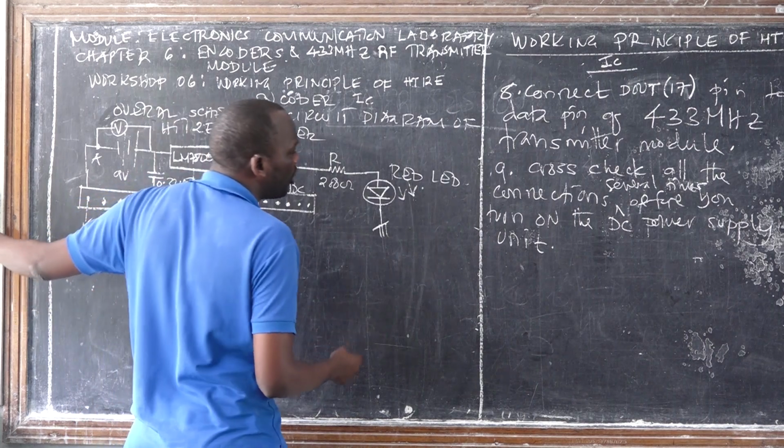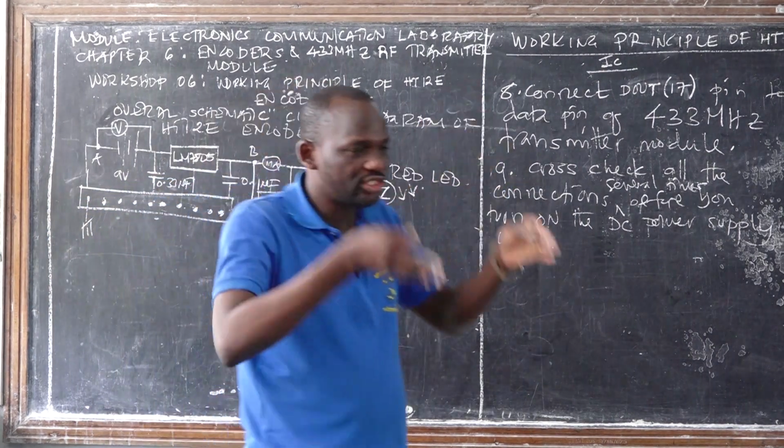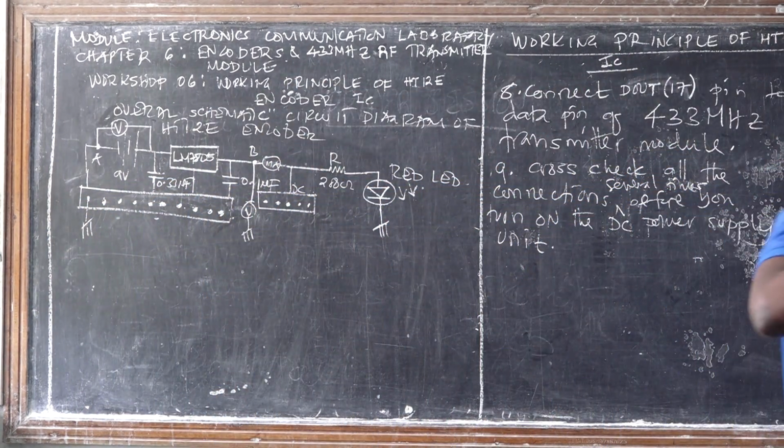So for the inputs, when you draw the physical appearance of our HT12E encoder, you find the input data pins lie on the left-hand side. I say that if we draw the physical appearance of the HT12E encoder, you find the input pins are located on the right-hand side, not the left-hand side.